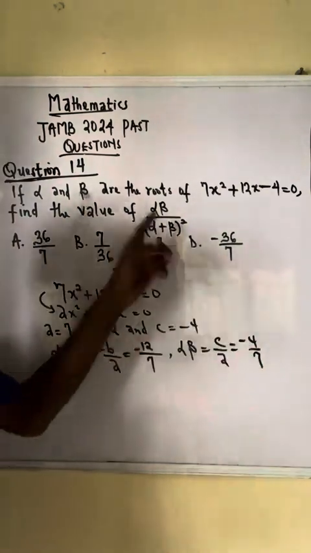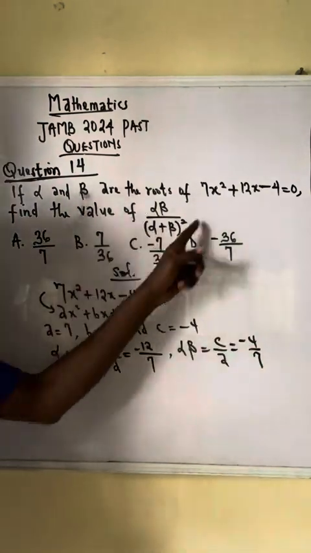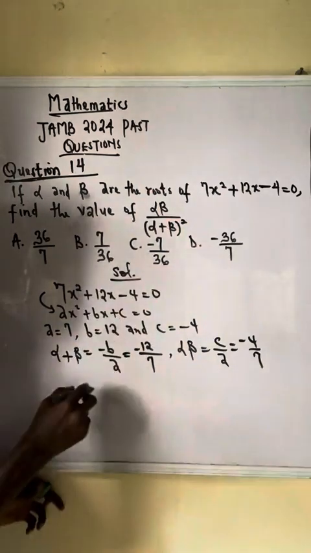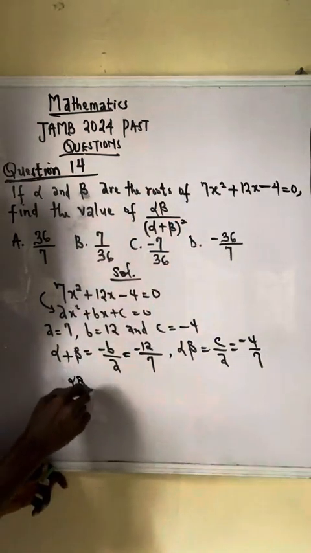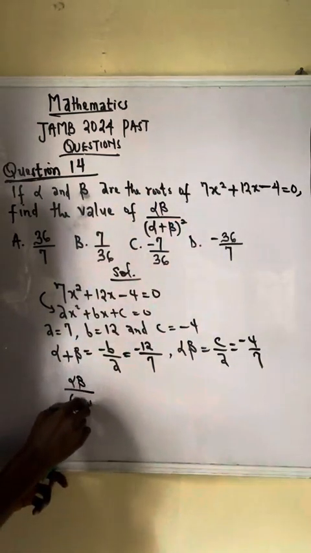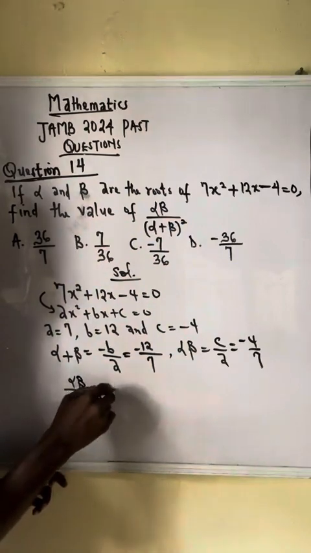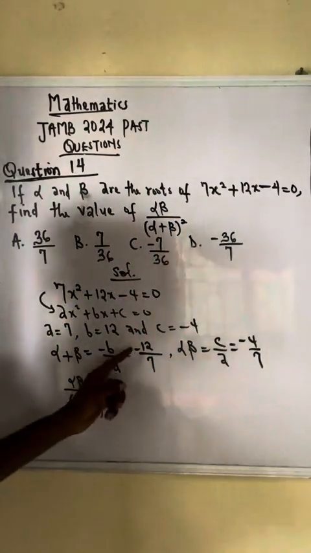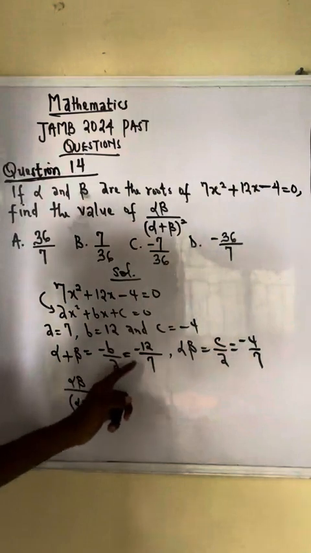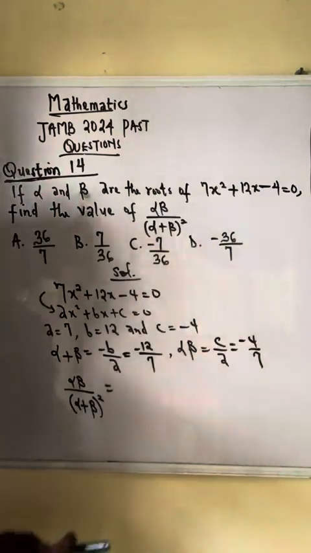So the next thing is to go back to the question. This is what they asked me to evaluate. So I will have alpha beta over alpha plus beta squared. What I will just do is substitute the value of alpha beta and alpha plus beta. So let's go.